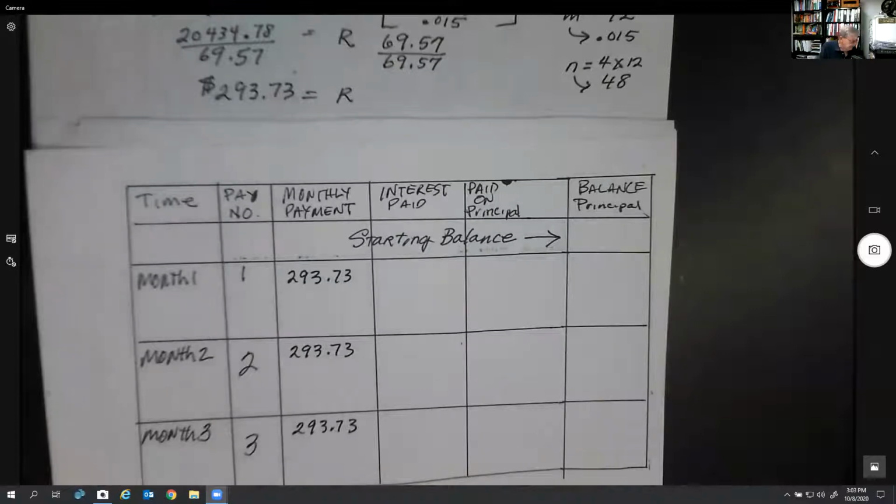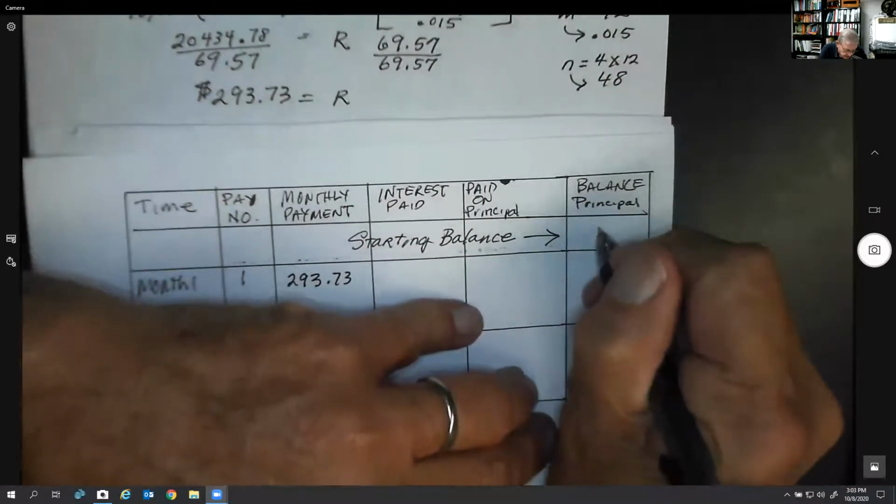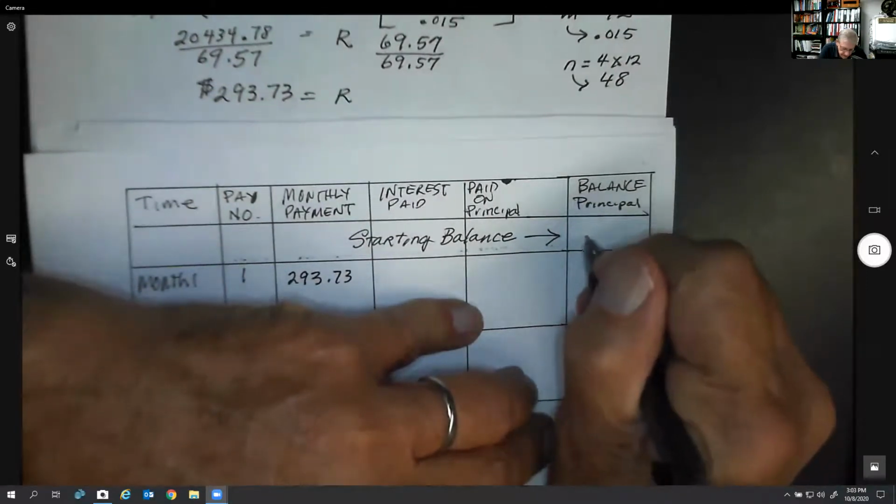The principal on this is how much you borrowed for the car. Let's just go ahead and put the $10,000 down. You're trying to pay off this amount, $10,000.